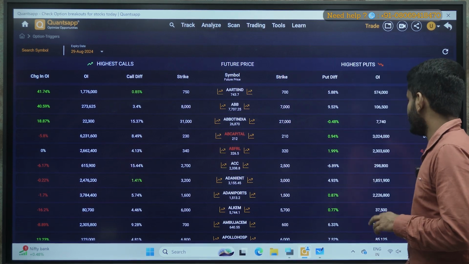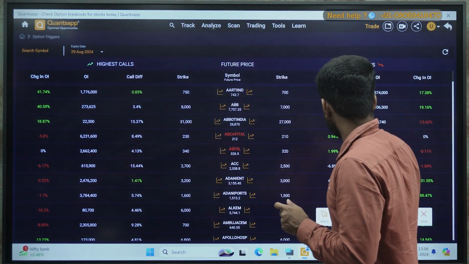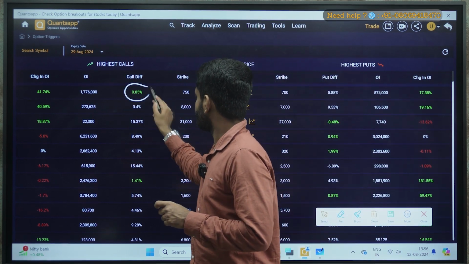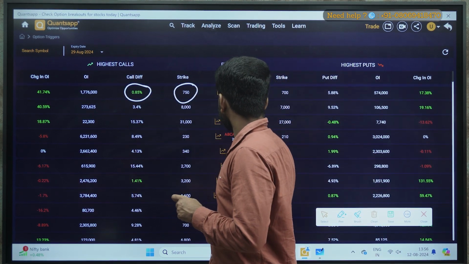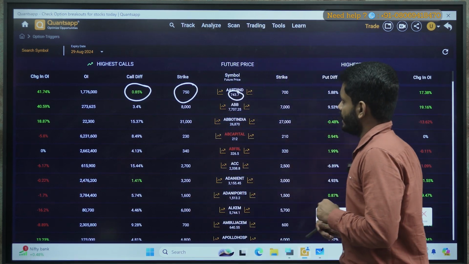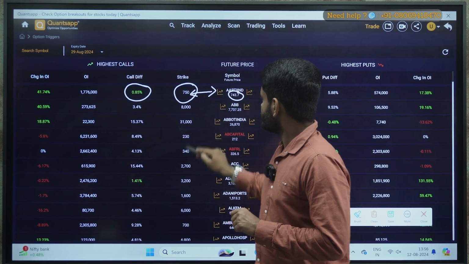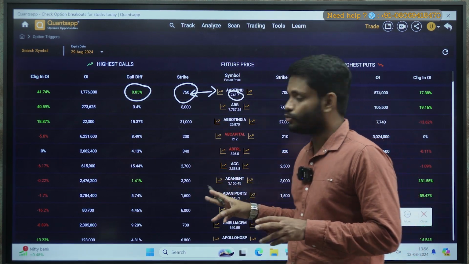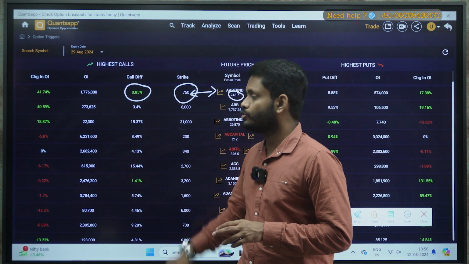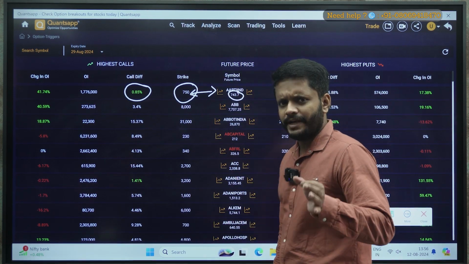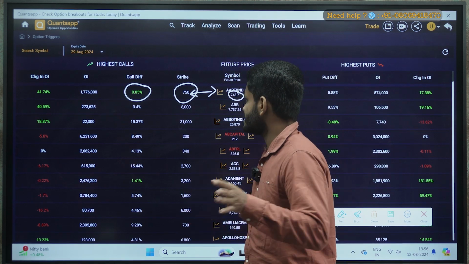Call difference is basically how far the stock is currently trading from its resistance level. Check out, current price is 743, resistance is 750. If you check the difference between these two in percentage form, it comes to 0.85%. That is, Aarti Industries is 0.85% away from its resistance as of now.